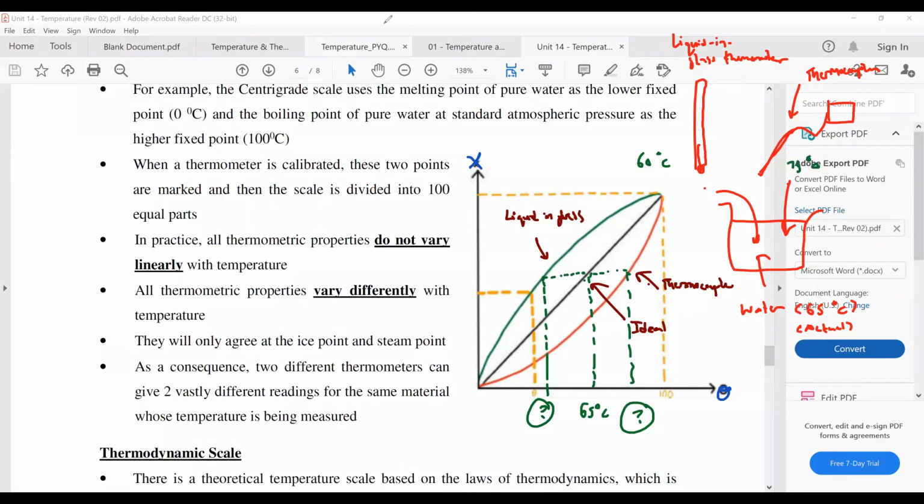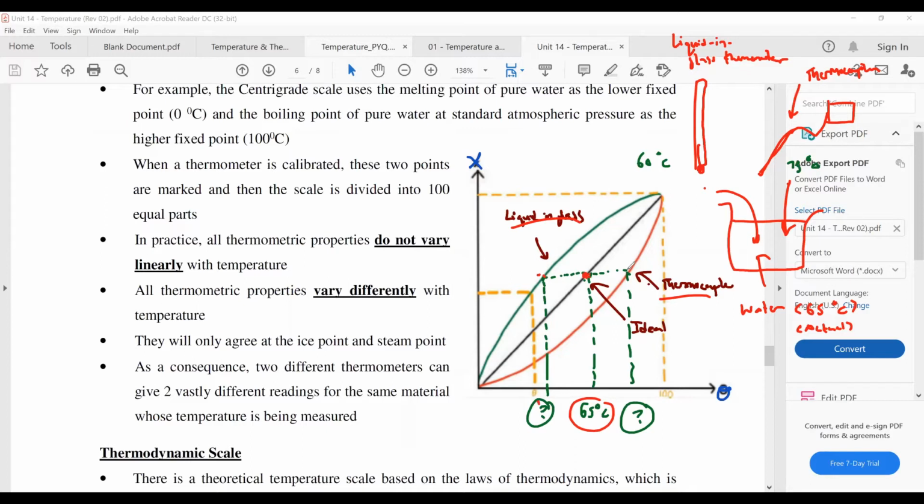Okay. By right, your actual temperature is going to be 65. According to your actual thermometric property, if it's following linearly, this one is what you get. But in your actual thermometers, the liquid in glass and the thermocouple, what you're getting instead is this one for a thermometric property, which in turn gives you this temperature.